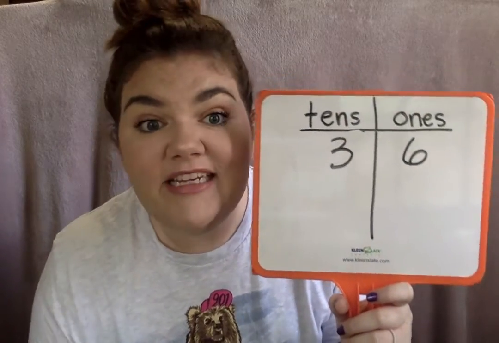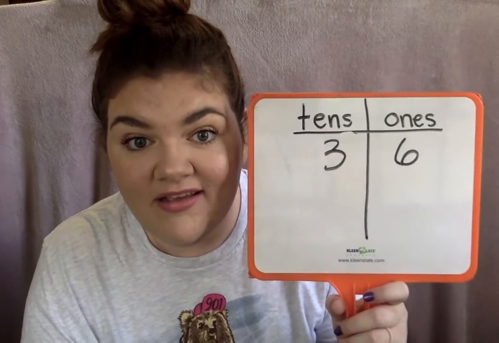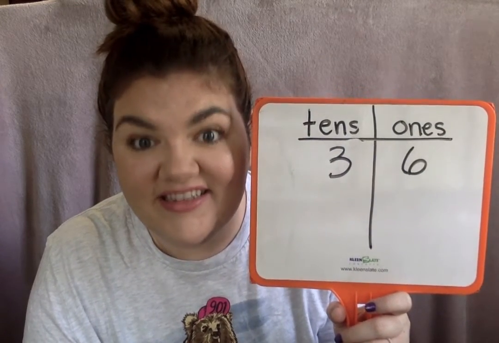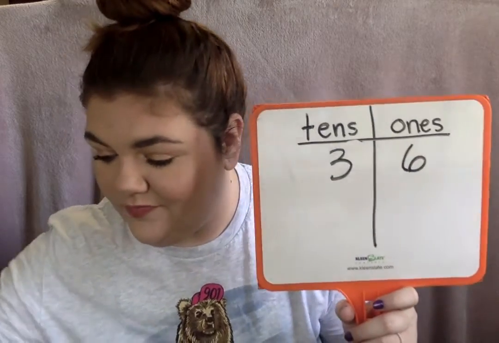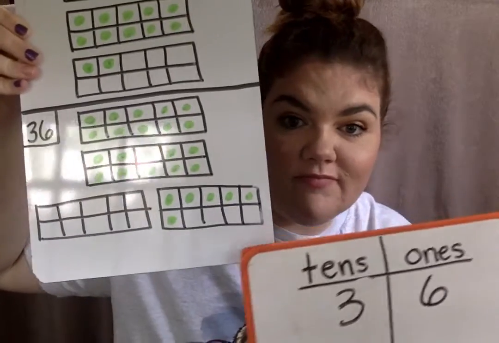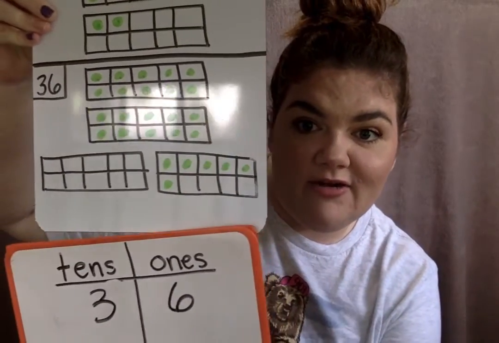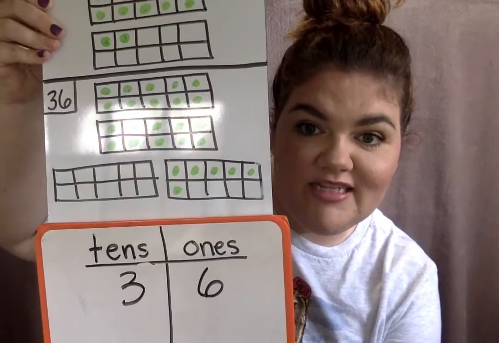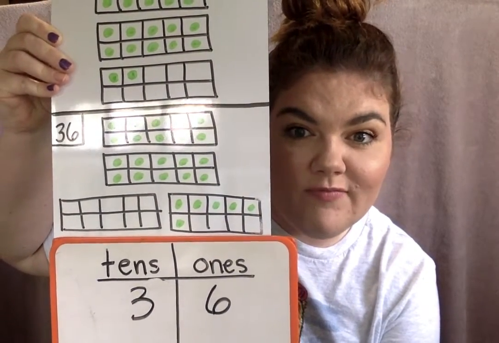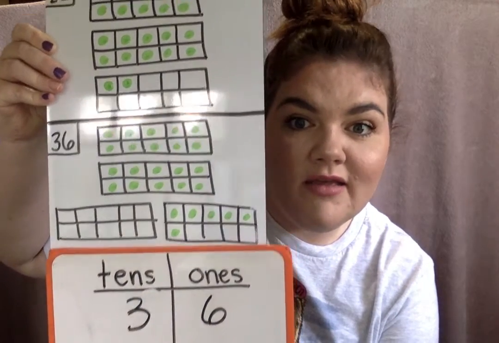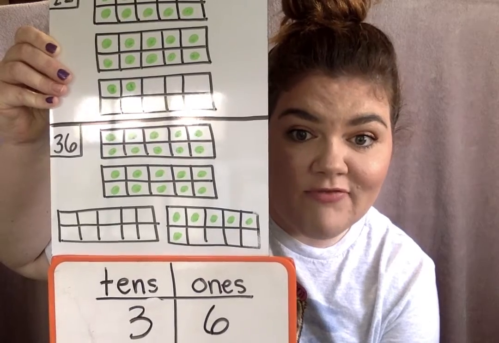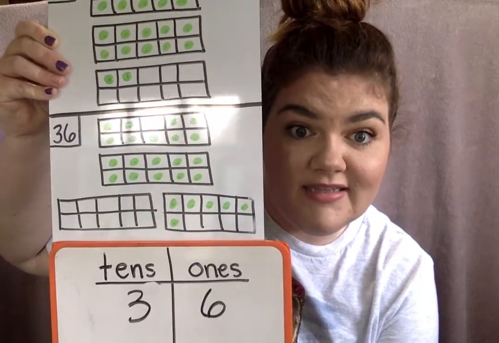So how many 10s do I need? 3. And how many 1s? 6. Yep. So let's look and see, what do I have so far? If we're looking right here at 36, what do I already have? Yeah, I have 2 10s and I have 6 1s.